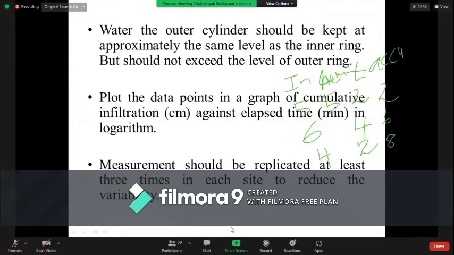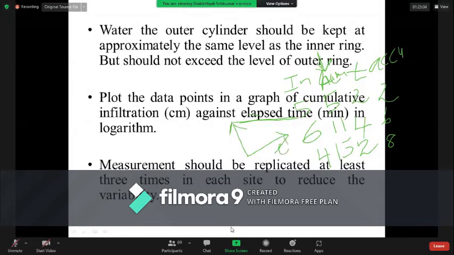Then 5 plus 6 is 11. Then 11 plus 4 is 15. This is the accumulated infiltration value. So with the elapsed time and accumulated infiltration, you can draw your graph.